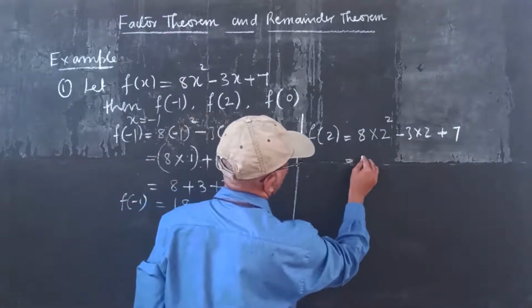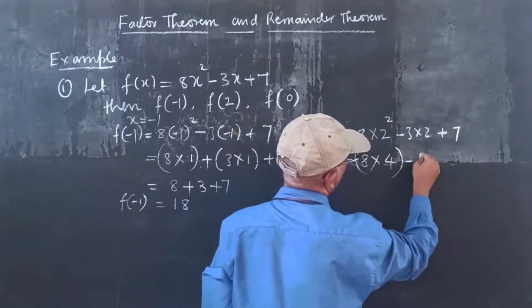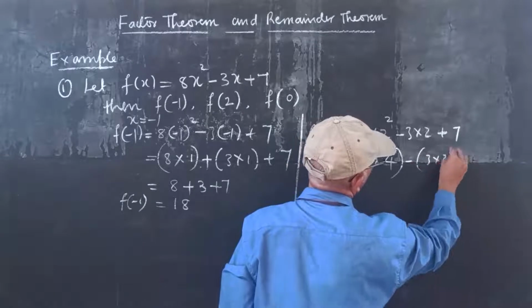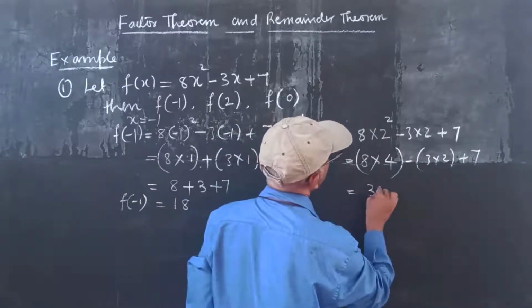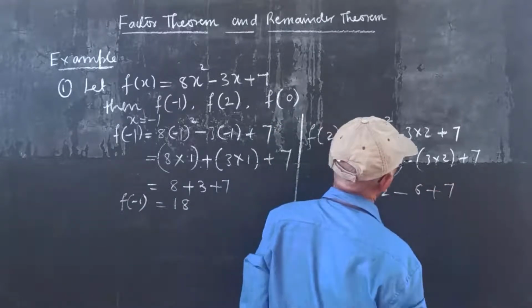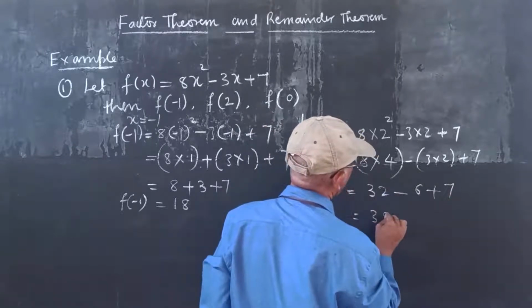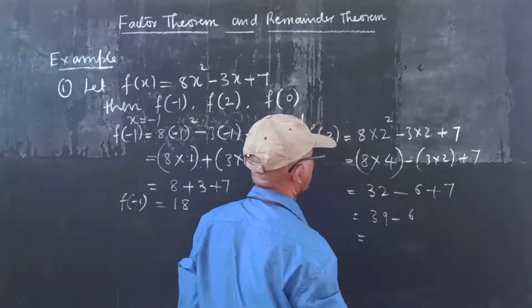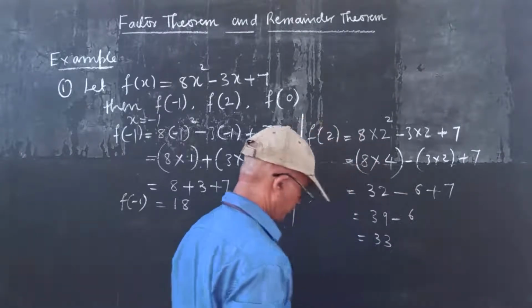So this is equal to 8 into 4 minus 3 into 2 plus 7, so 32 minus 6 plus 7. 32 plus 7 is 39, minus 6 is 33.